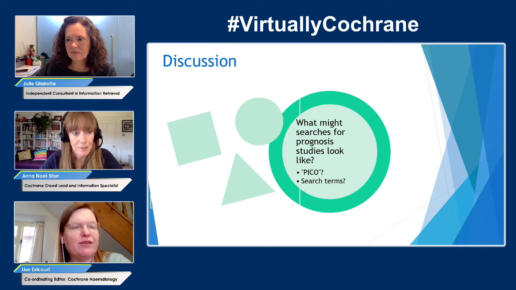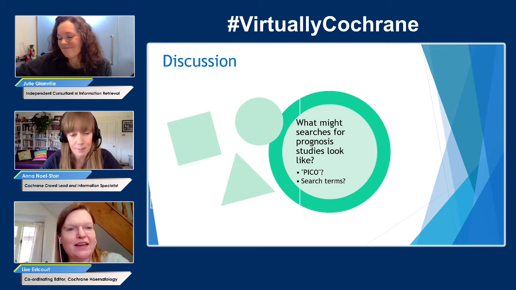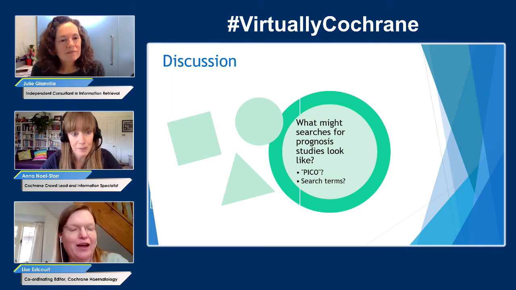But I think that the key problem before you start defining which sort of study you're looking for is it's really poorly described in all the studies what their study actually is. So it often takes a long time to work out if it is an overall prognostic factor, prognostic model, or looking at effect modifiers, because the authors get themselves confused about what their study actually is.